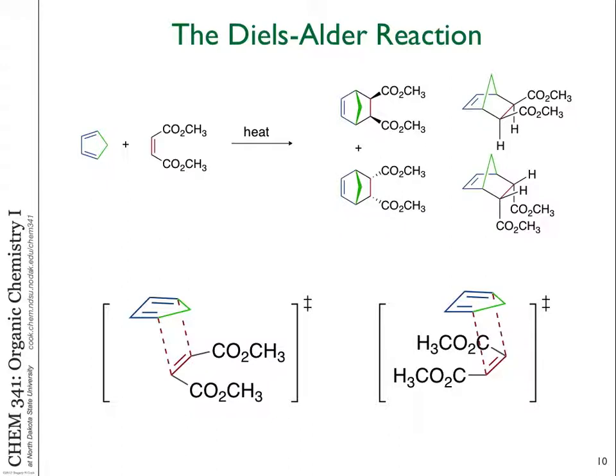The product, relative, again, if you look at all these groups on the cyclopentadiene, and we have hydrogens here, relative to the group on the diene versus the dienophile, there are two products, one in which the CH2 group is on the same side of the six-membered ring as the two esters. Okay, that's shown in this top three-dimensional drawing.